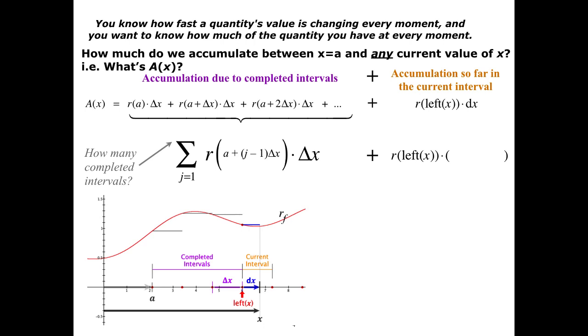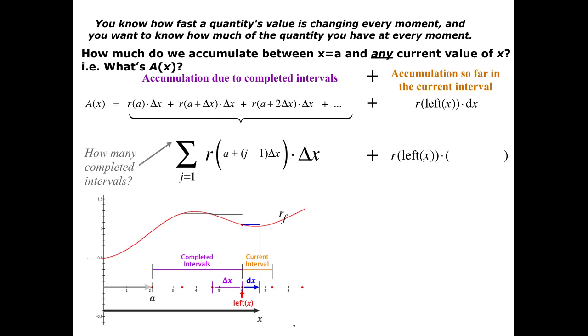Just figure out where x is, where was the beginning, and find that length along the horizontal axis, if you want to think graphically, or the difference between the current x value and the starting independent value of accumulation, a. Just literally a difference, subtract, and then take that difference and divide it up into chunks of width delta x.